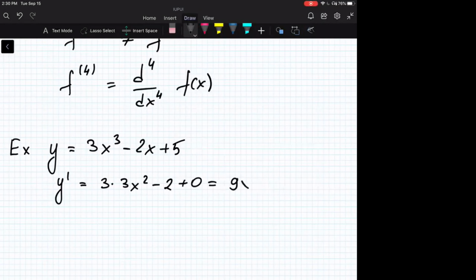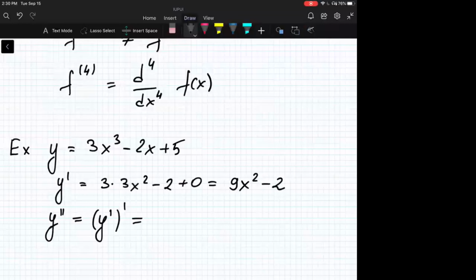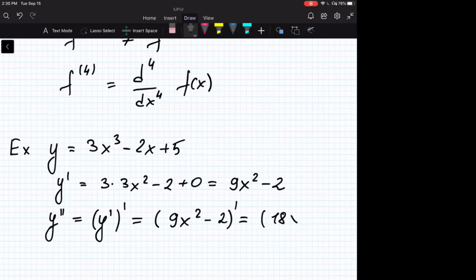So it's 9x squared minus 2. Then the second derivative will be the derivative of the first derivative. So it is the derivative of the expression that we just found. And it will be 18x minus 0.